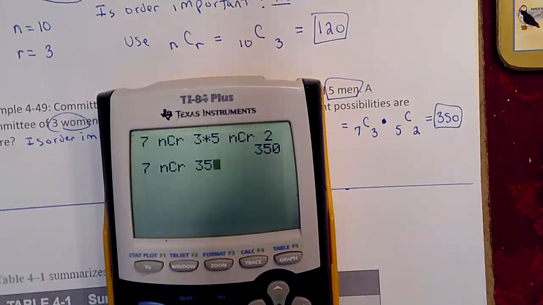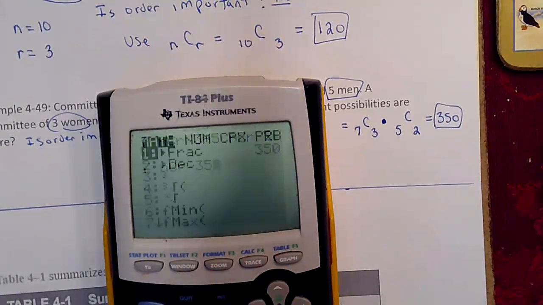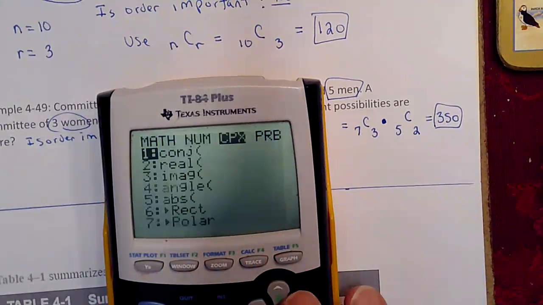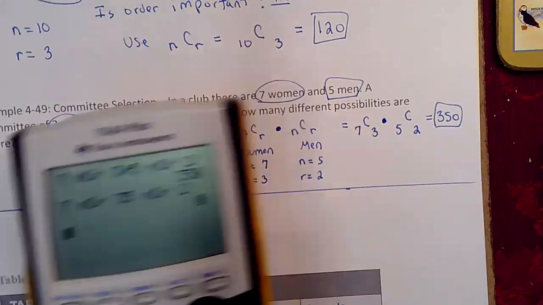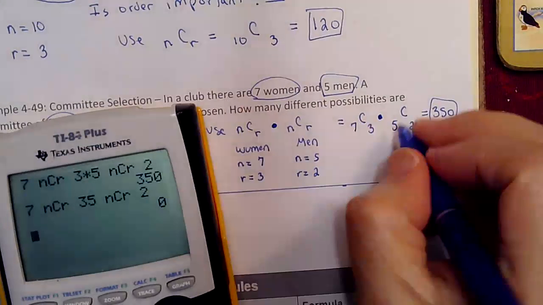Yeah, I do need it, because see, if I do 5, it thinks it's 35. If I do 5 and then math, probability, combination, and then 2, let's see if I get the same thing. Oh, nope, I get a 0. So there's something wrong with that. You do need this times.